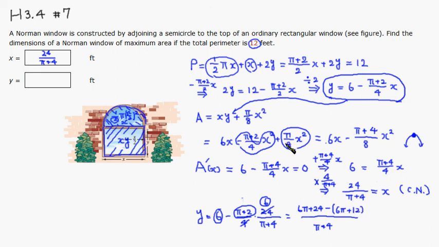You see that there's a 6 pi minus 6 pi. They cancel out. And 24 minus 12 is 12, and the denominator is pi plus 4. So therefore y is 12 over (pi plus 4). That's it. I hope that this was clear.